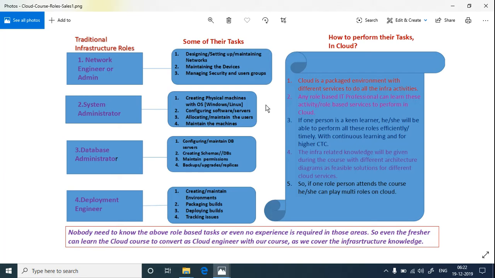Now in a cloud setup, yes, they can create virtual machines with Windows OS or Linux OS. There is a process to create virtual machines, like EC2 in AWS. In GCP or Azure, virtual machine creation is a separate process.